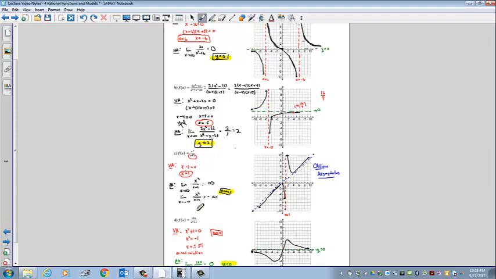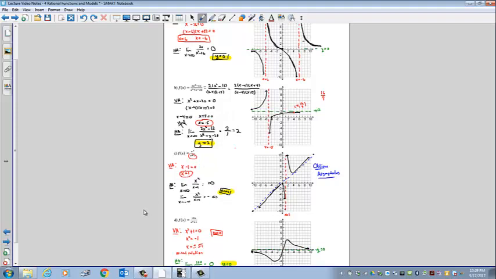Degree on top is bigger, which means there'll be none because it'll blow up to plus or minus infinity in the end. Degree on bottom is bigger, which means there's a horizontal asymptote at y equals 0 because the bottom will dominate, basically forcing it to 0. Or the degrees are exactly the same, and in that case you just look at the coefficients. So here the coefficient on x squared is 2, the other coefficient is 1, so it's 2 over 1, so it's a horizontal asymptote at 2. So hopefully that made some sense.